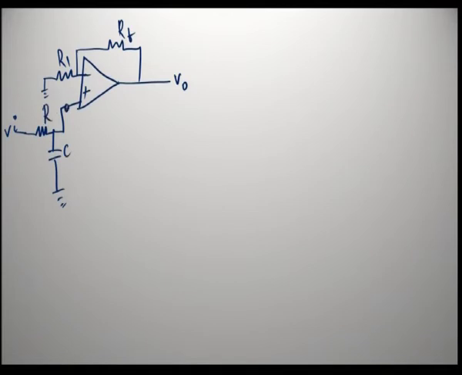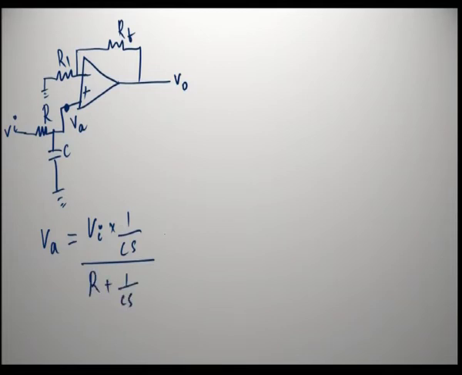So, what is the voltage at this node? Say this is VA. We have to calculate VA now. VA is the voltage across the capacitor. So, VA is Vi into 1 by Cs divided by R plus 1 by Cs.